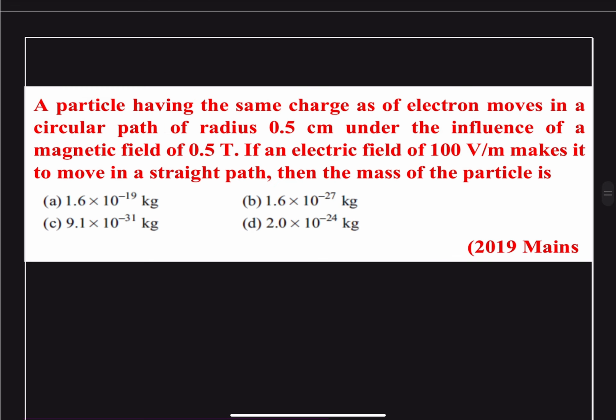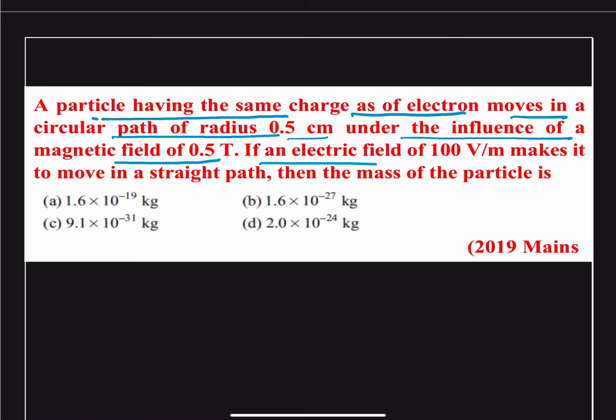it is asked that a particle having the same charge as an electron moves in a circular path of radius 0.5 centimeter under the influence of magnetic field 0.5 Tesla. If the electric field of 100 volt per meter makes it move in a straight path, then the mass of the particle is.